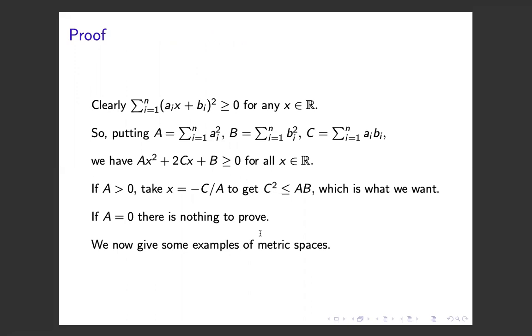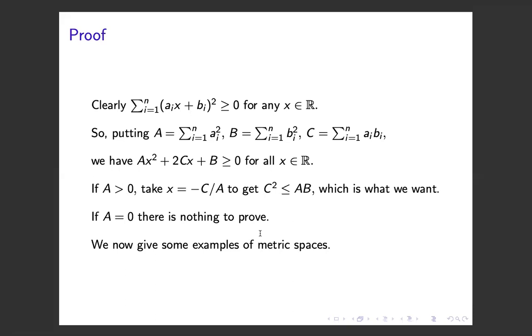Basically, you fix some arbitrary x and take x times A, that vector, and B. You add these vectors, I'm talking in the language of Rn, and take the square of their length, and you know that has to be always greater than or equal to 0.